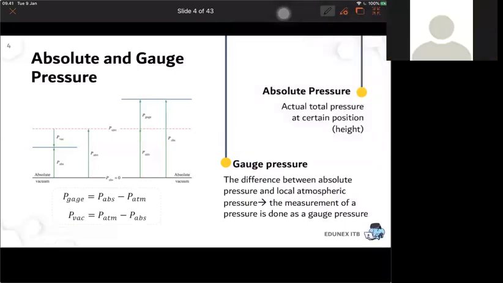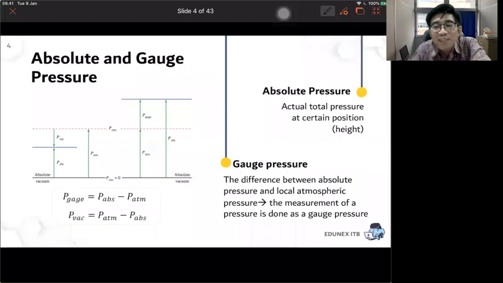Sir, I have another question, sir. Yeah, okay. Why do we need to find the difference between the actual pressure and the atmospheric pressure, sir? It's not that we need to find the difference, but the mechanism of the pressure measurement device is by doing that, because that device itself cannot measure the absolute pressure.